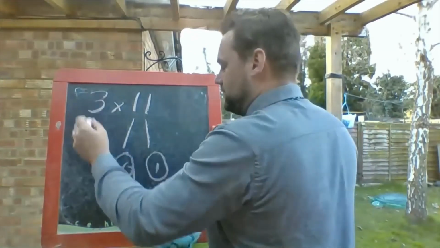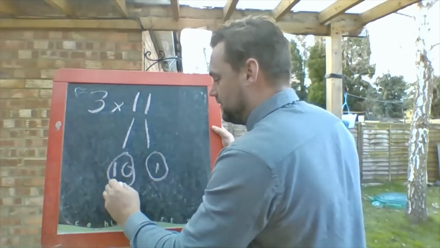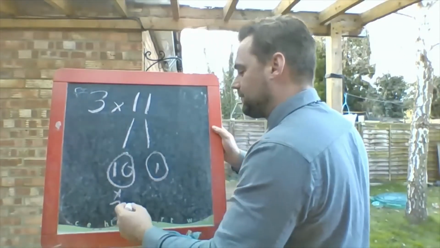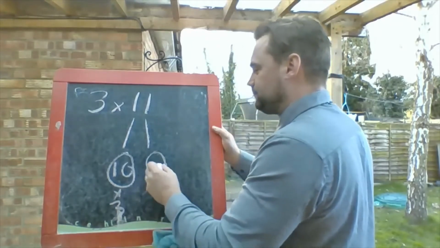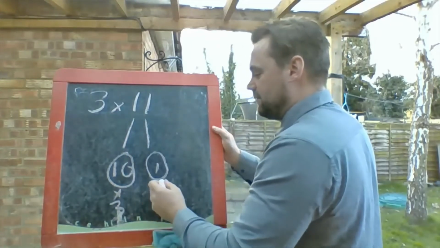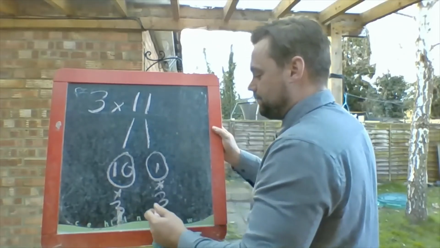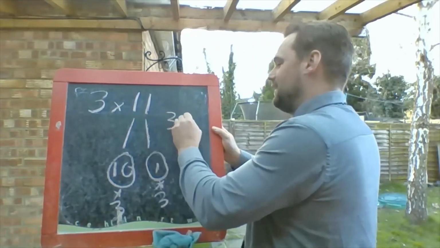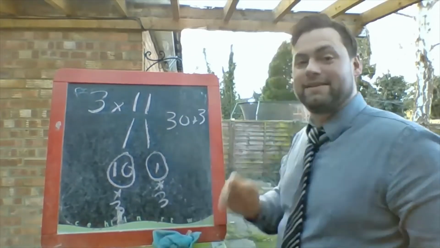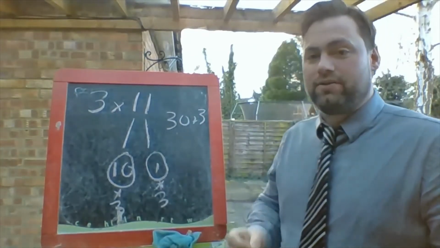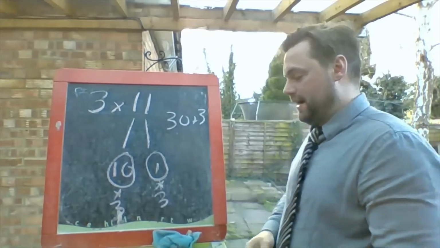So we times this number by 3 and we get 30, and then we times this number by 3 and we get 3. So we get 30 and then we have to add 3, and that gives us our answer of 33.